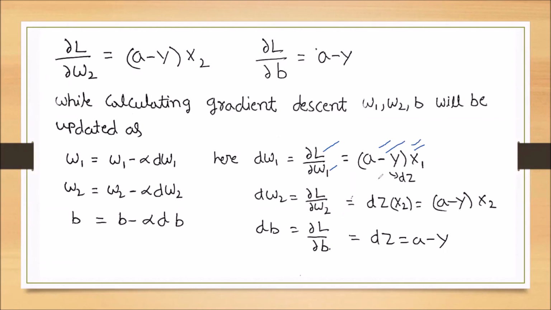I am calling A minus Y as dz. So this is dz into X1, and dou L by dou W2 is dz into X2, and dou L by dou B is dz. For convenience, I am calling these dW1, dW2, and dB.